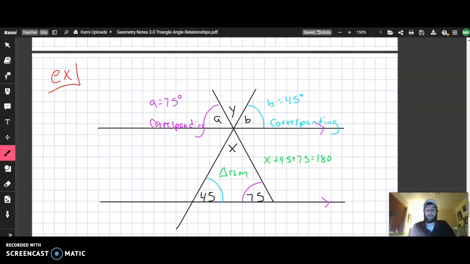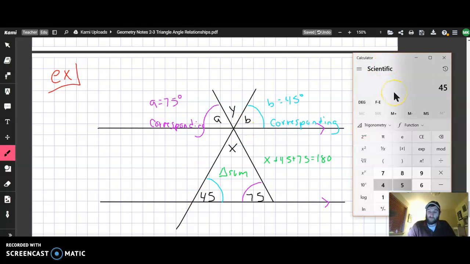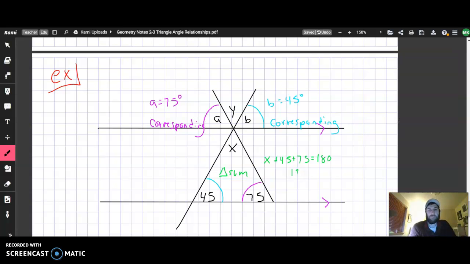First, 45 plus 75 is 120. So x plus 120 is equal to 180. Subtract the 120 on both sides. We know our value of x is equal to 60. Nice. So by the triangle sum theorem, our value of x is equal to 60.